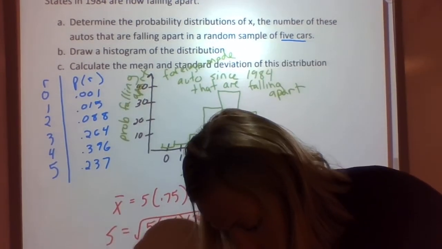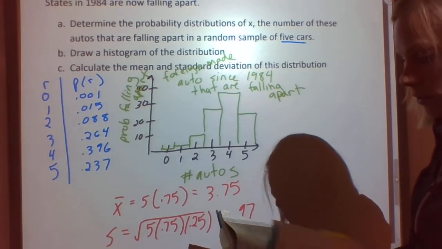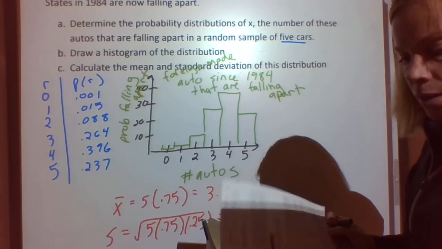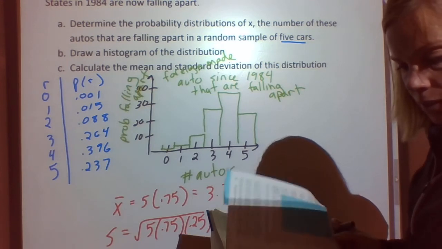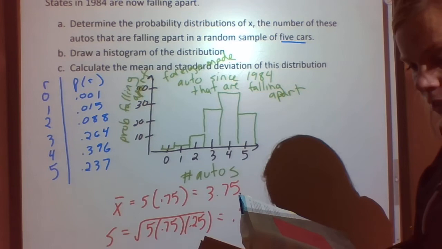Okay, so homework for this section is again 4-2. So 4-2 in your book. What page is that? We're going to do page 212.